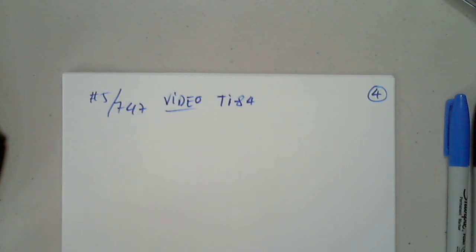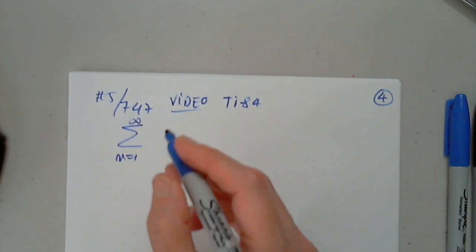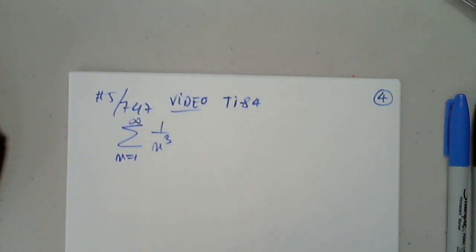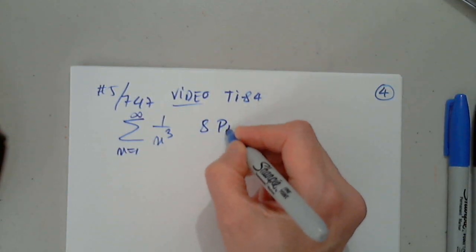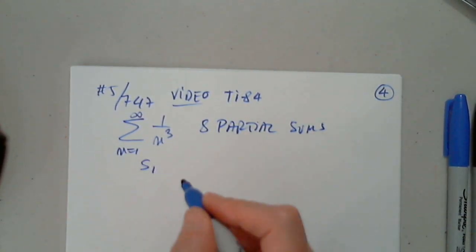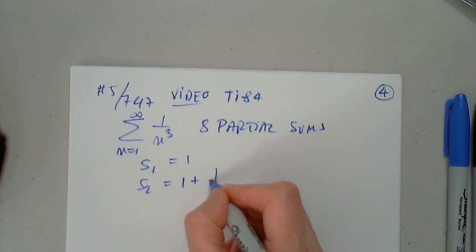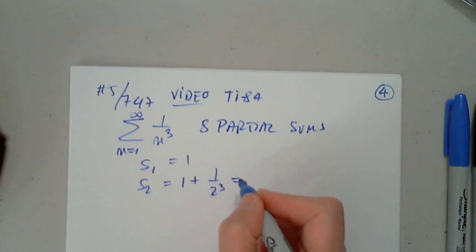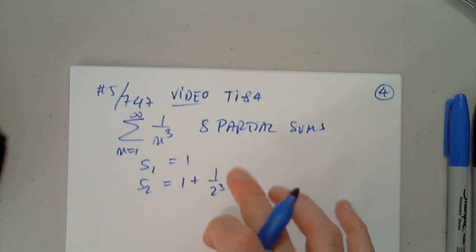The problem has the infinite series from n equals 1 through infinity of 1 over n cubed. We are asked to find the first 8 partial sums. So s sub 1, which is 1, and then s sub 2, which is 1 plus 1 over 2 cubed. I created all these calculations, and I showed in the video how to determine them.